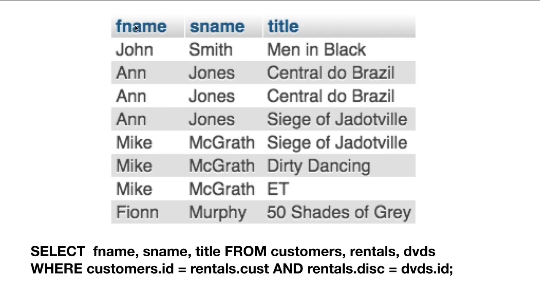But where the ID in the customers table is the same as cust in the rentals table, and where disk in the rentals table is the same as ID in the DVDs table, wherever you have a row where these conditions are met, we want the first name, second name, and title.